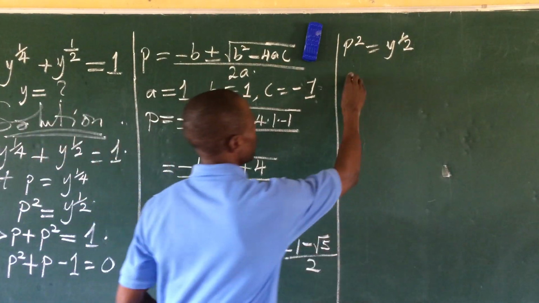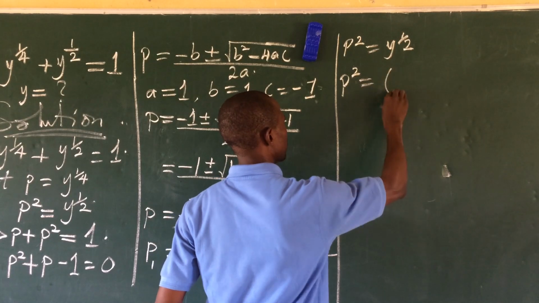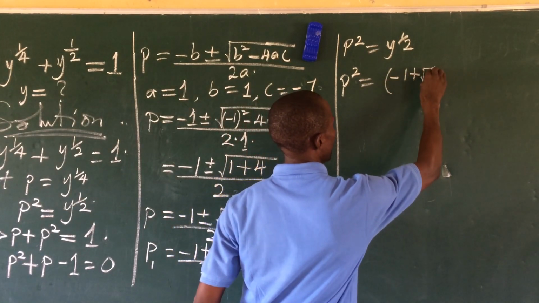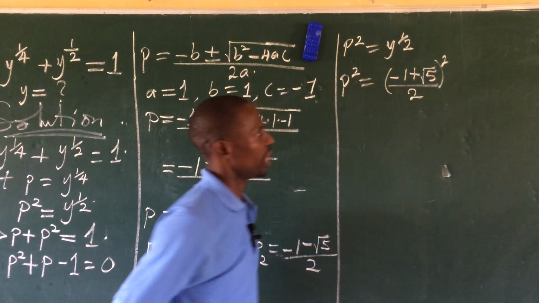So let's square this. This will now give us p squared is equal to the square of (-1 + √5), all over 2 squared.